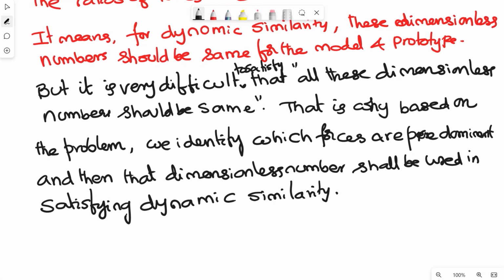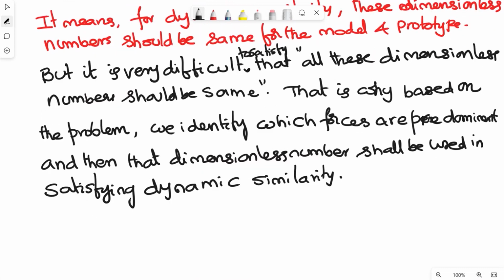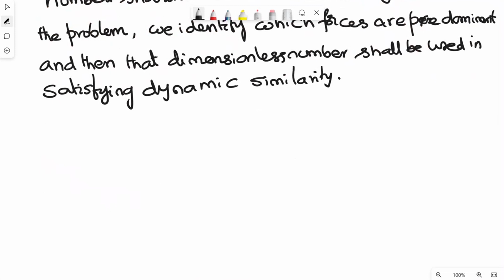Only if the model and prototype satisfy this particular number, we take it for granted that dynamic similarity exists between them. So this is the first thing we should understand.